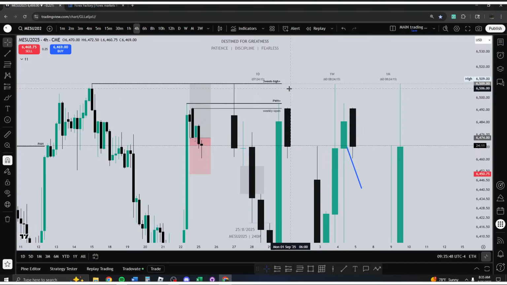It suggests higher prices. And so my objective, my order flow, would be based off of the weekly and the 3-week candle closure.